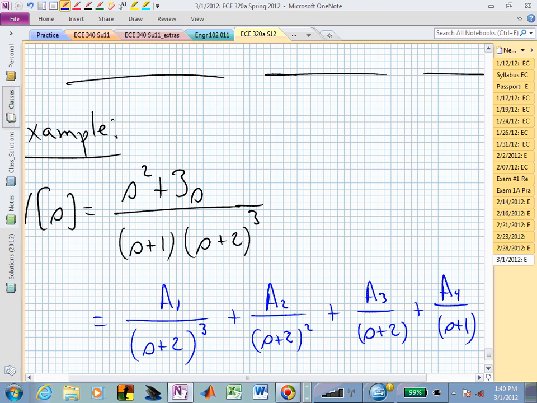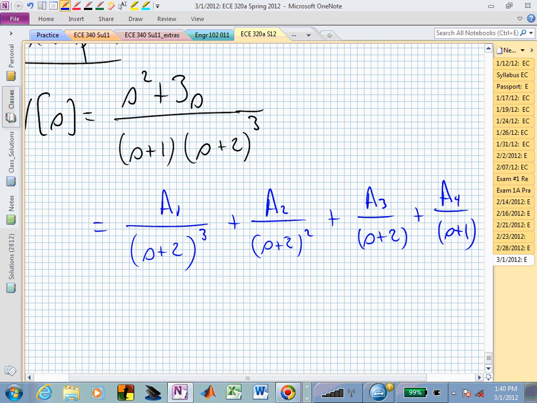Are we okay with that? And which of these can we find pretty quickly? A1 and A4. We can use case 1. If we do A4, we multiply both sides through by s plus 1, and we let s equal minus 1.